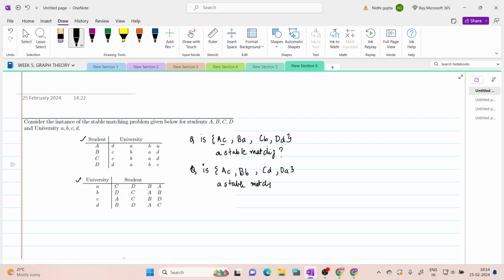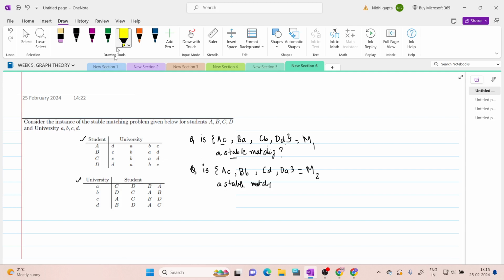Students have given their preferences, and the university has also given its preferences. We are given two matchings, M1 and another matching, M2. We have to say whether these matchings are stable or not. For a matching to be stable, it should not have any blocking pairs.